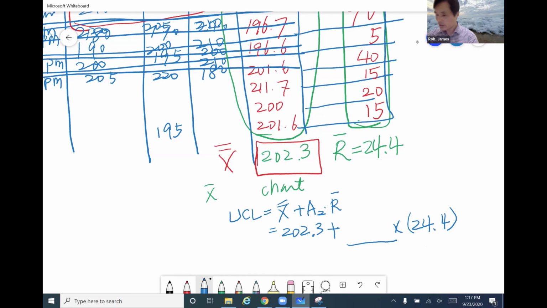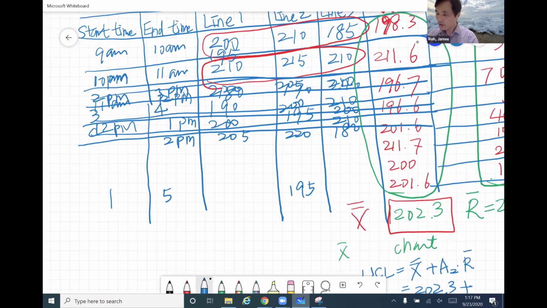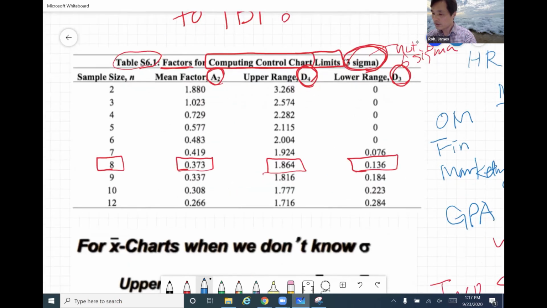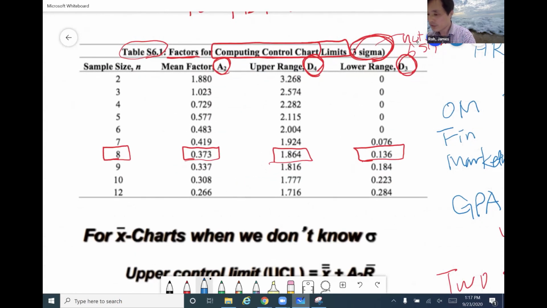If you look at that chart here, we have sample size 2 to 12, and mean factors are available there. So what do you think? What is the sample size in this case? Can anybody tell me? The answer is 3.